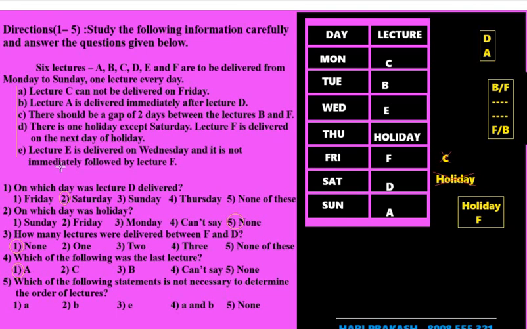The first point we have not yet used actually, that is, lecture C cannot be delivered on Friday. We did not use that point. Why? We have taken C on Monday because Monday is left and one lecture C is left. That's all. So this is not necessary. The first point is not necessary. So the answer is the first option.